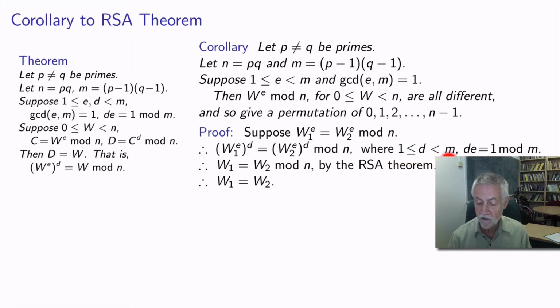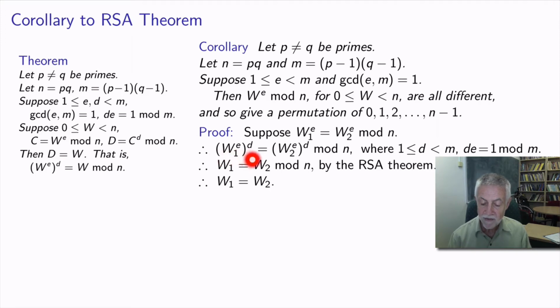We know that there is a unique d for which this is true, just as we knew it here in the case of the RSA theorem. So, given this, if I raise each of these to the power d, as here, then we must again have equality modulo n, just by properties of multiplication and moduli.